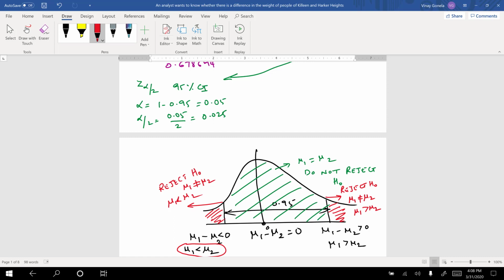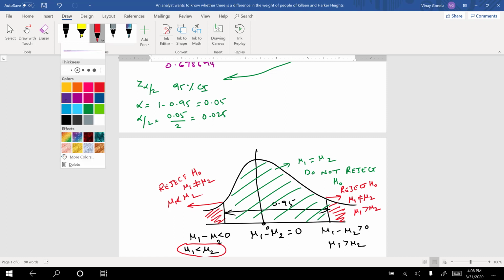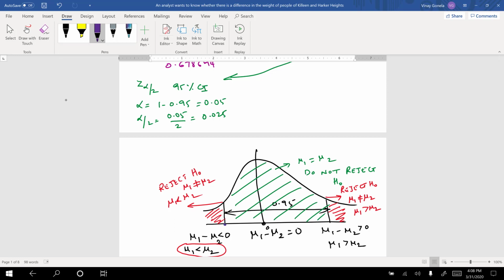Now we wanted to get our z values at this point. So this is negative z alpha over 2, and then this would be positive z alpha over 2. So we know this will be 0.025, which is alpha over 2, and then this will also be 0.025, which is alpha over 2, and then we go and check in the z table.